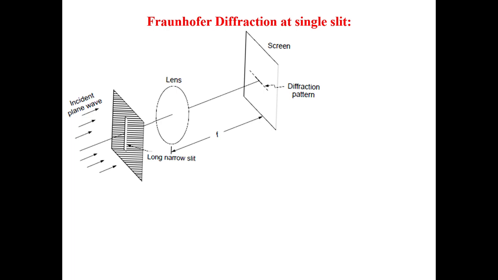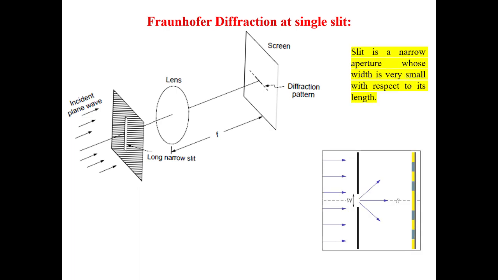So, in Fraunhofer class, one needs a slit to pass the light, and the slit is a very narrow aperture whose width is very small when compared with its length, and the light diffracts along the width of the slit.